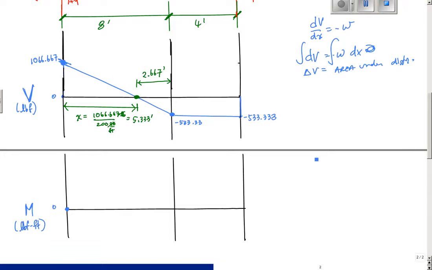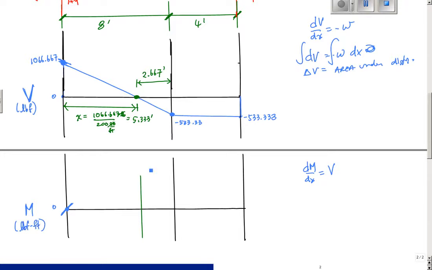I also know that dM/dx equals V. The value of the shear is equal to the slope of the moment. At this point, I have a positive shear value of 1,066.67. Positive implies that it's increasing. And then at this location right here, my shear is 0.